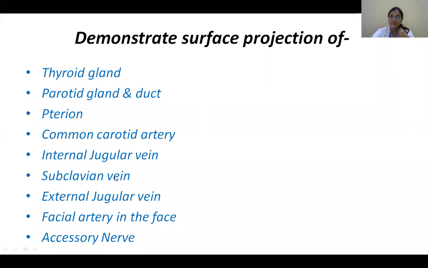Then you've got your subclavian vein, and the external jugular vein for your jugular venous pulse, and the facial artery in the face, and the accessory nerve, which I have told you in the cranial nerves as well as in the posterior triangle of the neck, going in the roof of that posterior triangle. So today's class we'll be covering these, and I've added the facial nerve and suprameatal triangle, which is important.